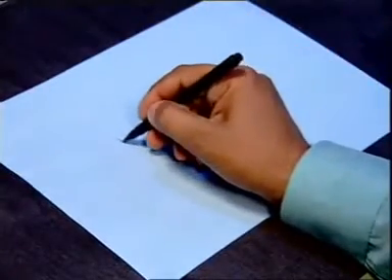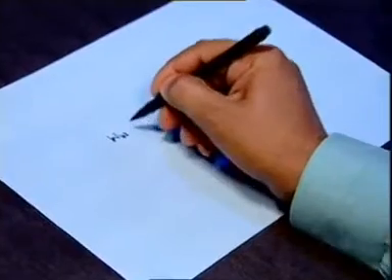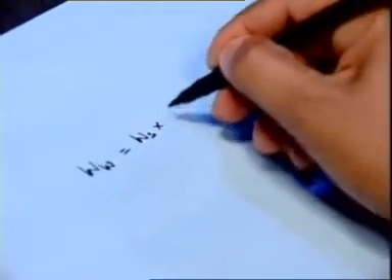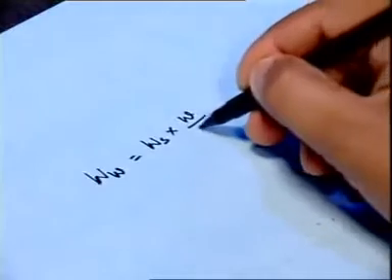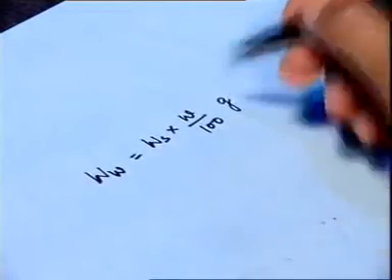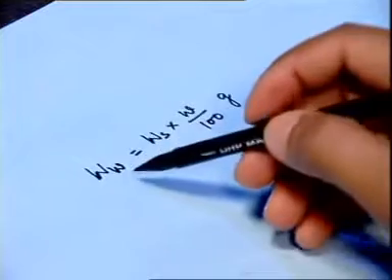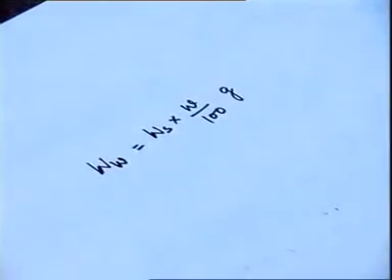Using the formula, weight of water is equal to dry weight of soil multiplied by W divided by 100 gram, where W is the water content. Add this quantity of water to the soil.